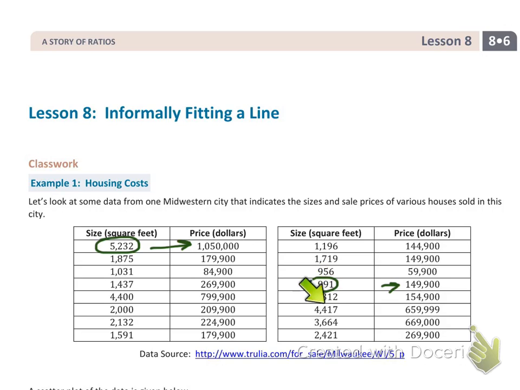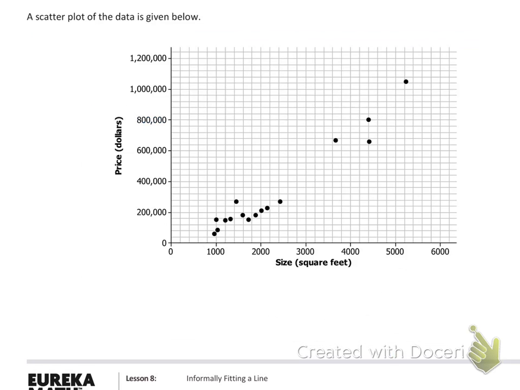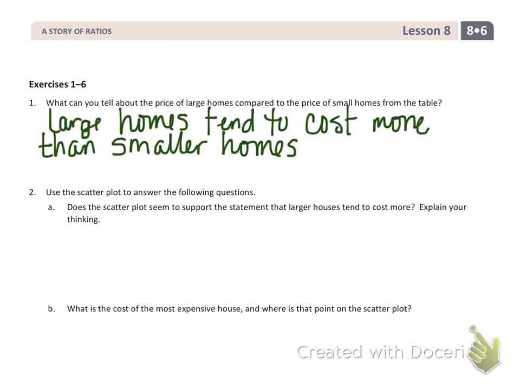So there's variation within this data. So there's probably something pretty fancy about this house. Maybe it has a pool, it's very updated. So there's variation, but in general, based on the scatter plot, we can see this upward trend. But anyway, there's some variation in the data, obviously. But larger homes tend to cost more than smaller homes.